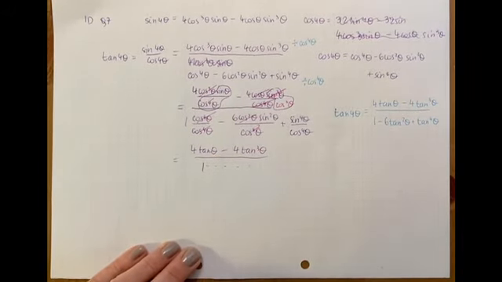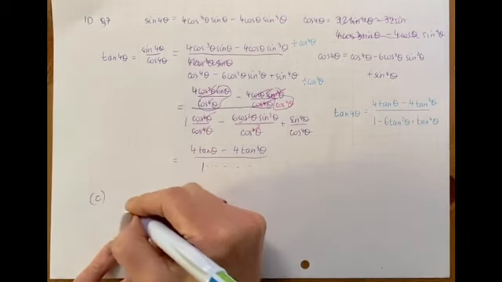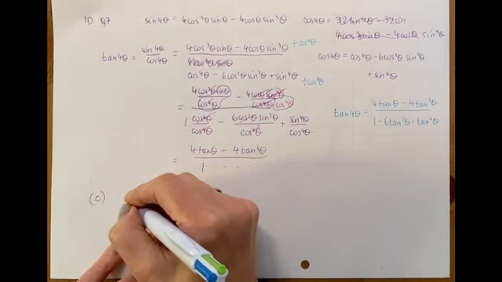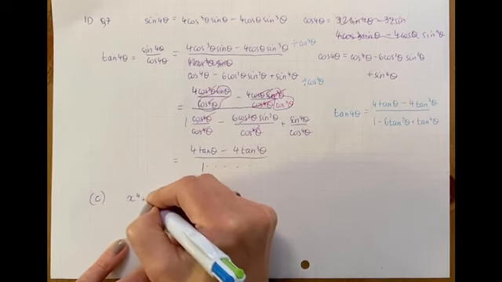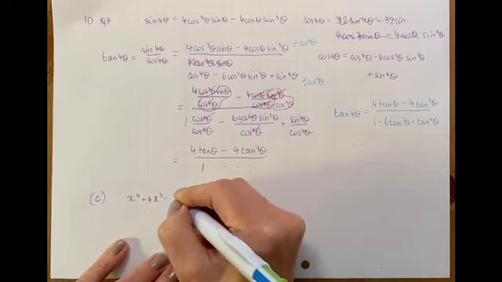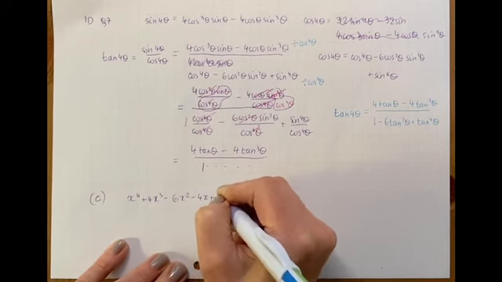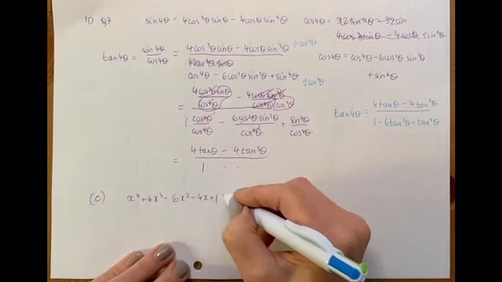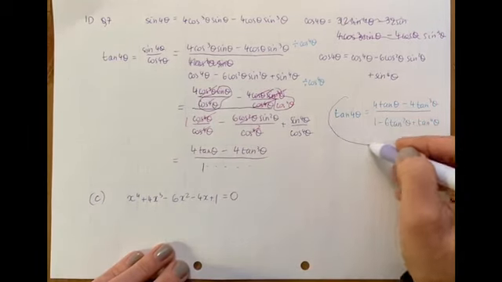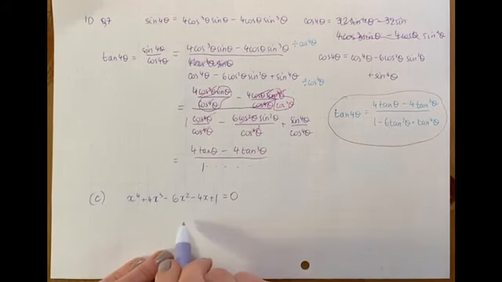Okay, and finally part C is really very similar to question 6. We are solving x to the power 4 plus 4x cubed minus 6x squared minus 4x plus 1 equals 0. What has this got to do with our identity for tan 4 theta?